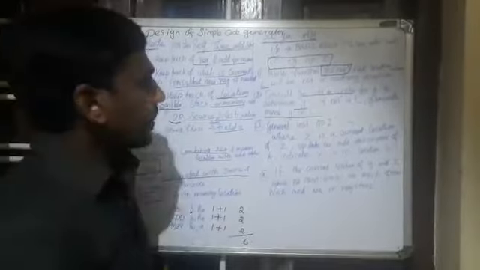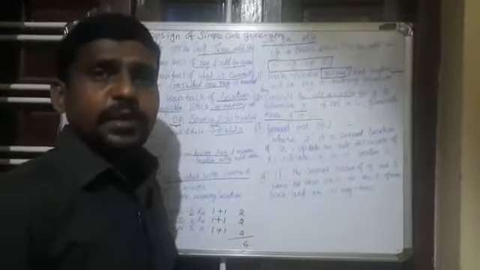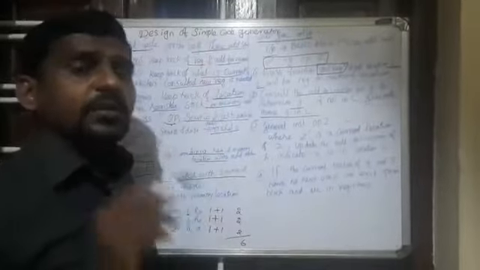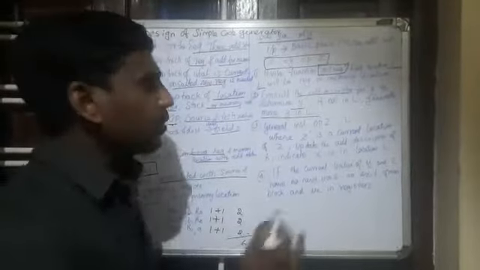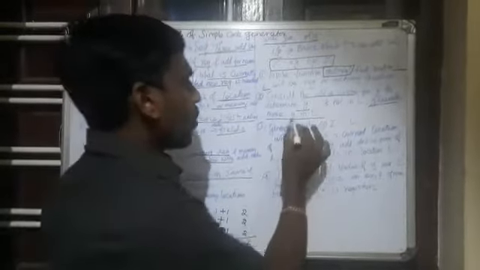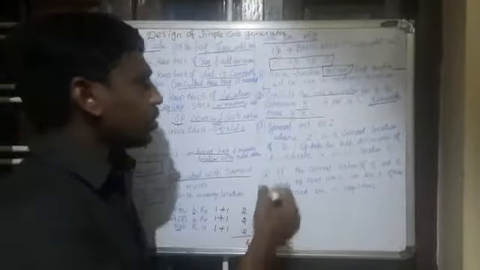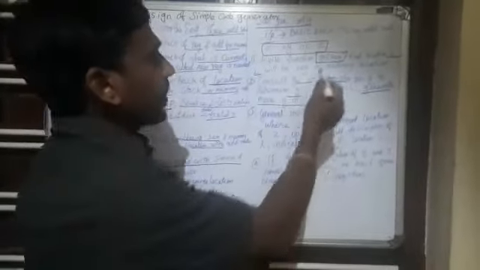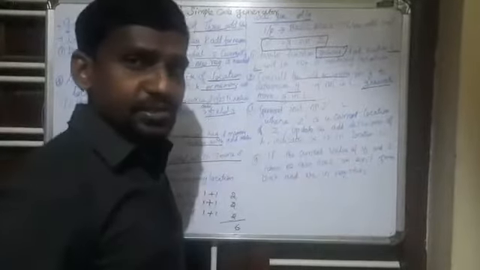Can you understand? Consult the address descriptor to see whether y is present in L. If y is not present in L, we will generate the move instruction, that is move y to L. That means we are going to place y in location L, which we found using get register. Clear?